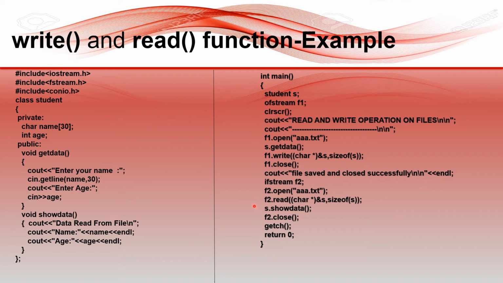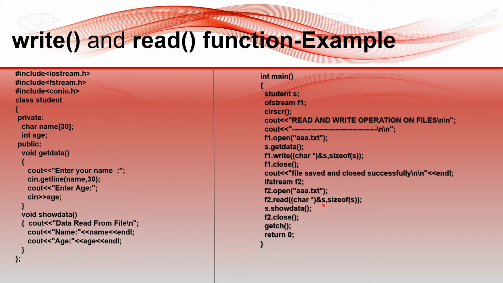Now I'm opening the same text file AAA in the input mode. That is, I'm creating an object F2 of the input stream class. Now after opening it, we are reading all the data that we have stored in the file, and we are going to display it on the screen using the read function.